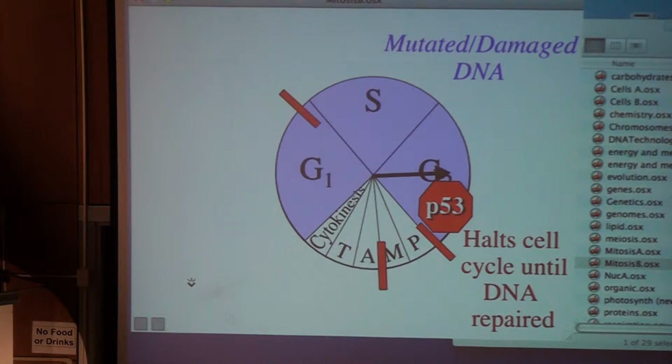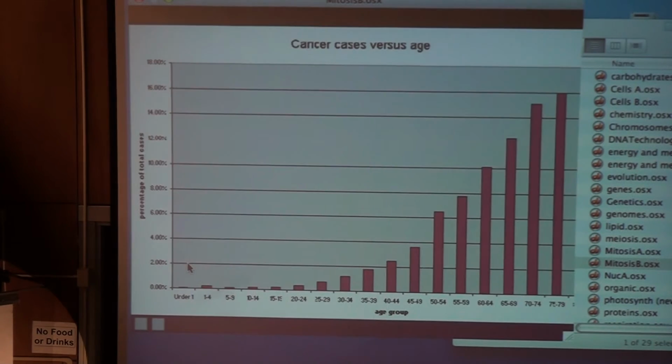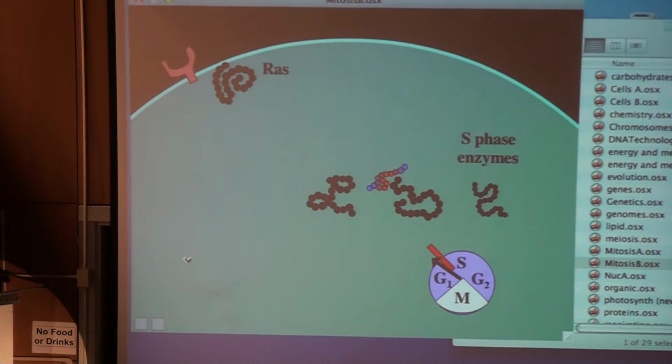Typically, you need several mutations for a cell to become cancerous. For instance, if RAS were to get a gain of function mutation, an overactive mutation, so it got stuck being too active, that in and of itself wouldn't lead to cancer, because further down the line you're going to have a tumor suppressor gene that's halting the activity of the mitosis pathway.